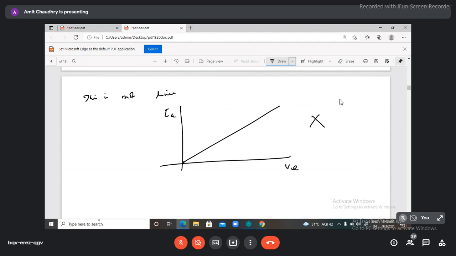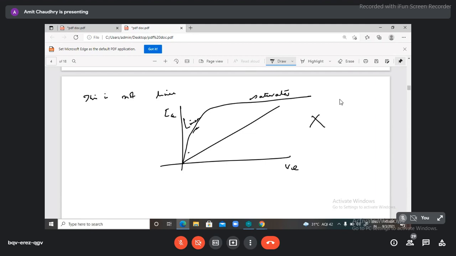It is like this. First it goes to some level and then it saturates. So this is saturation. So first it is linear and then it saturates. So this is how it flows.